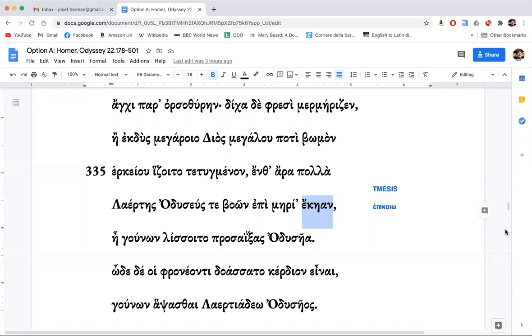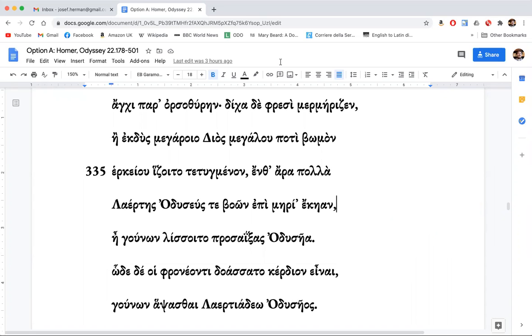If you put these together, what you would get is epekean, and Homer has just split them in two, and that's something you get in the Iliad and the Odyssey quite often.